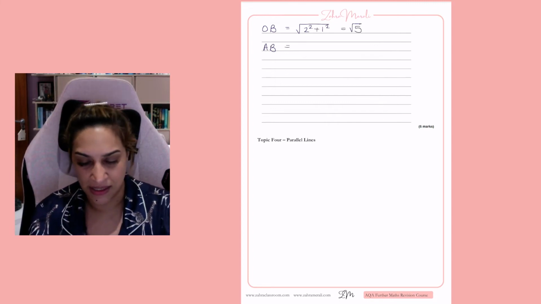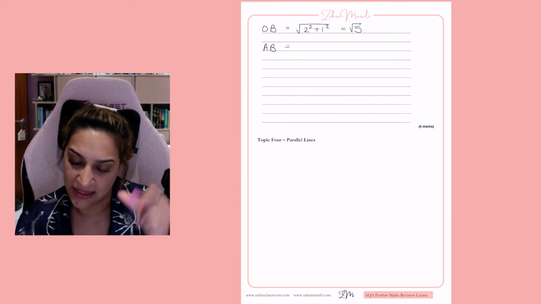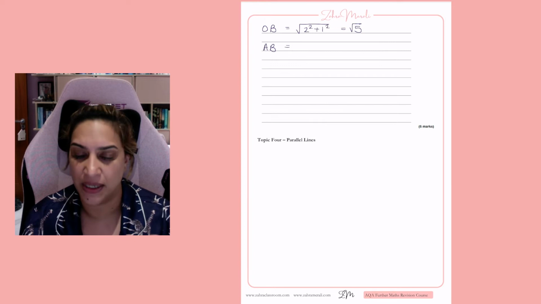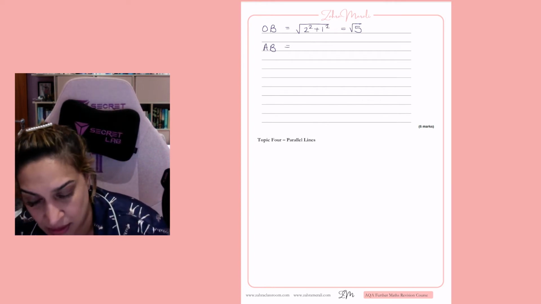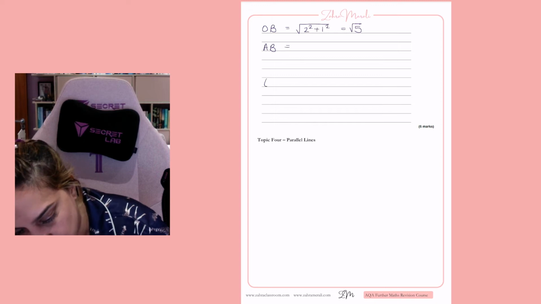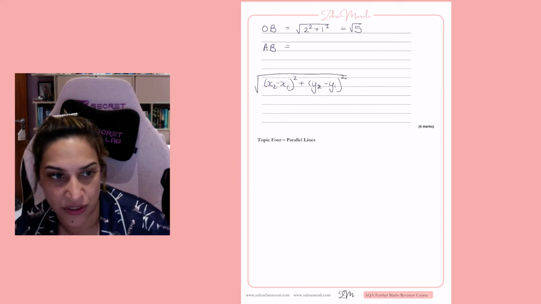A to B is going to be your change in the x's squared plus the change in y squared. Let's think about a generalized difference between 2 points. It's always going to be x2 minus x1 squared plus y2 minus y1 squared, and the whole thing square rooted.